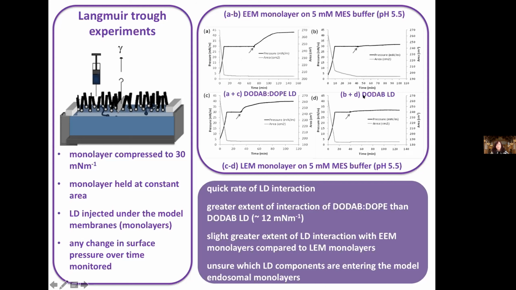You can see that when we've got lipoplexes with DOPE, and remember I said this is a lipid that we think alters the integrity of the endosomal membrane, there's a much greater interaction than when we don't have that particular lipid present. So we can see differences now between the lipoplexes, and we can see the lipoplexes interacting with the membrane. What we don't know is what materials from the lipoplexes have gone into the endosomal membrane models.